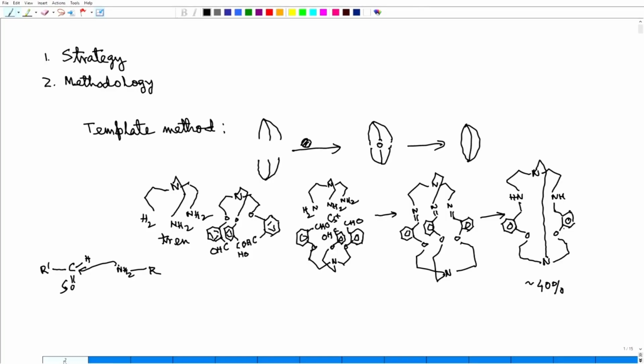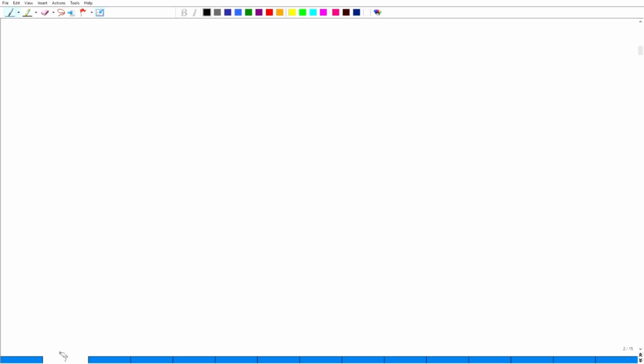After that, high dilution method. After template, there is another method called high dilution method.